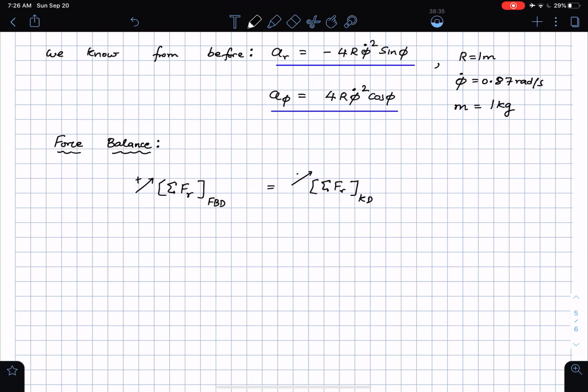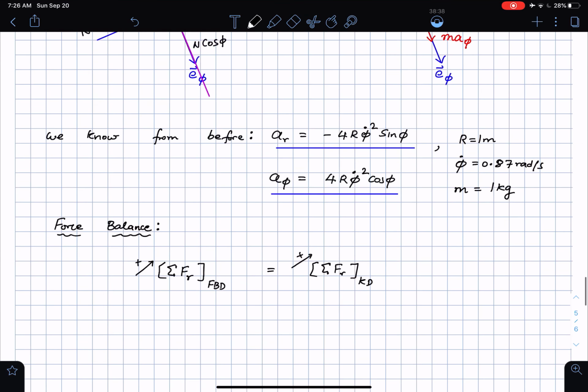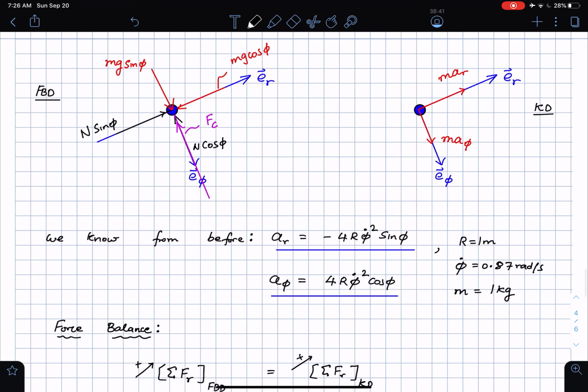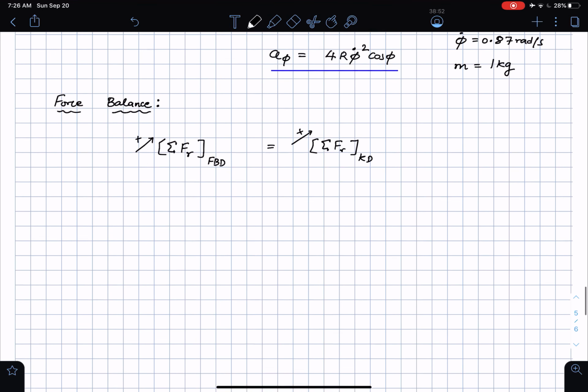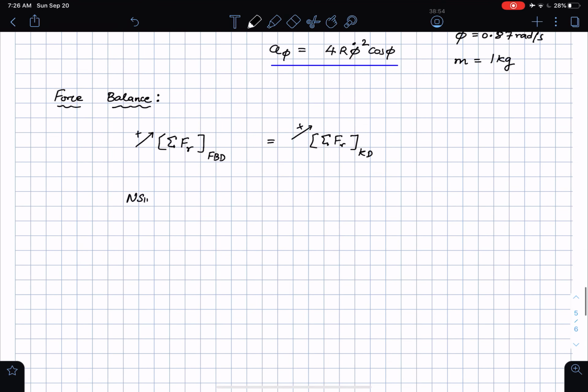This is the positive kinetic diagram radial direction. So what are the forces in the radial direction? Look at this. I'm going to have N sine phi and mg cosine phi. Mg cosine phi is pointing in the negative radial direction, as you can see, and N sine phi is in the positive direction. So I'm going to have N sine phi minus mg cosine phi. This is equal to m times AR. This is equation 1.